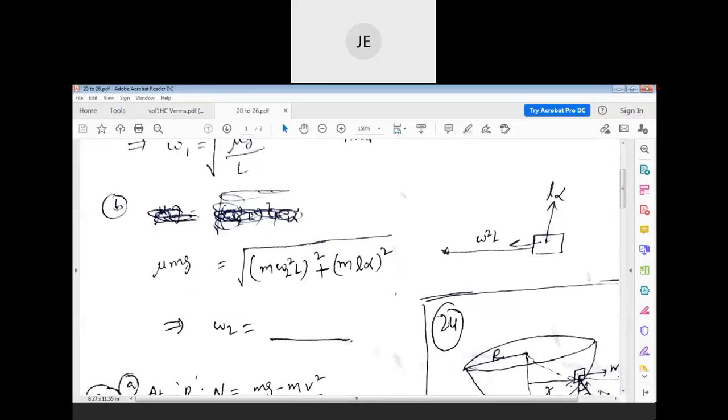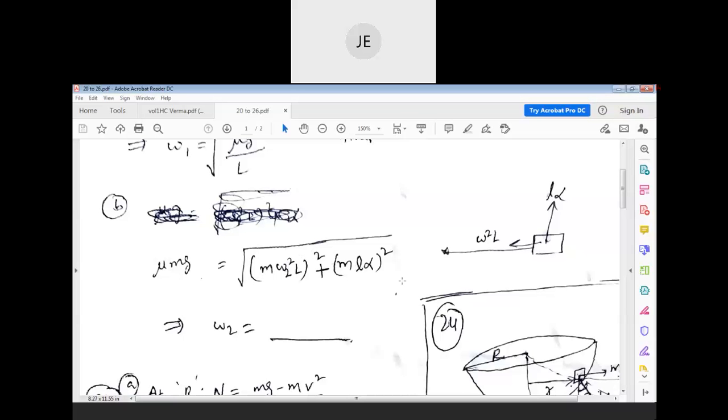So the frictional force will be equal to the square root of centripetal force square plus, this is m L alpha squared. Okay, m L alpha.